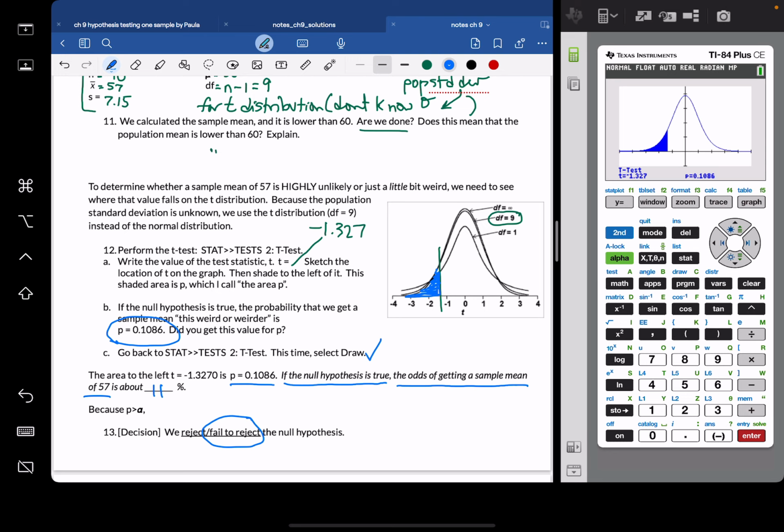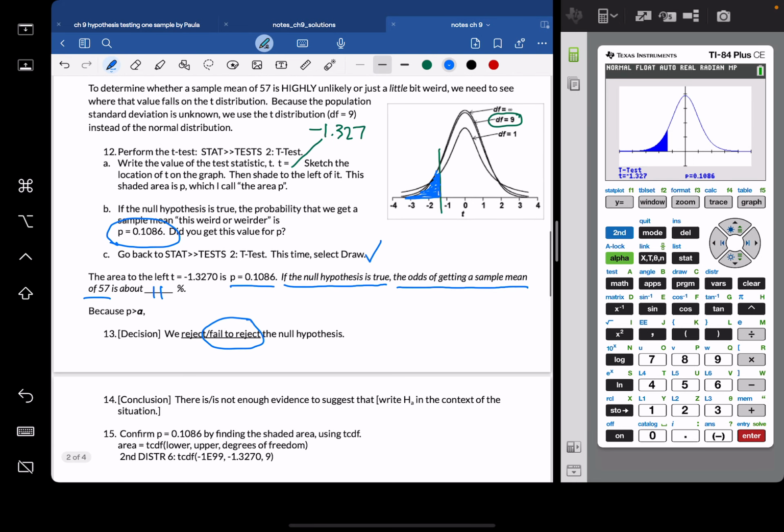Therefore, we fail to reject the null hypothesis. There is not enough evidence to suggest that, and then we go and look at HA again and write it in the context of the situation.